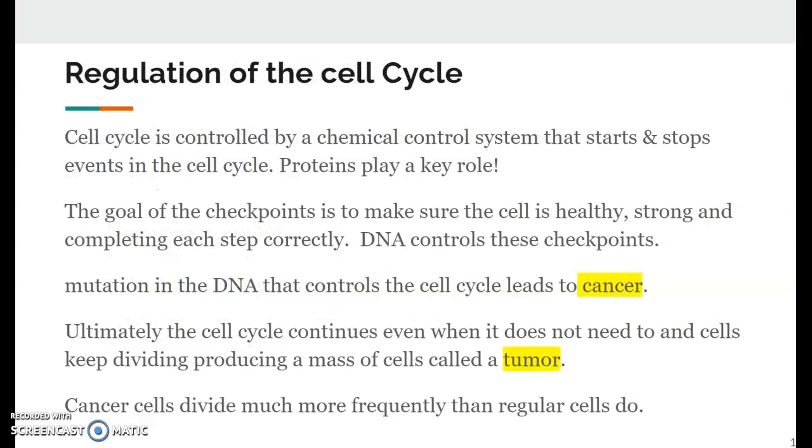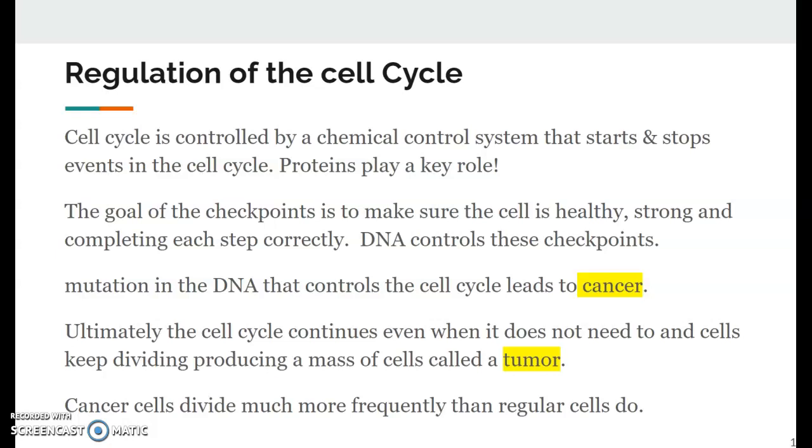The cell cycle is controlled and regulated. It starts and stops, and proteins are very important in this process. The goal of the checkpoints is to make sure that the cell is healthy and strong, completing each step correctly. DNA controls these checkpoints. Mutation in the DNA that controls the cell cycle can lead to cancer.